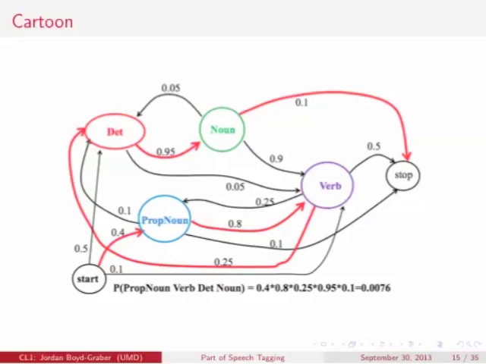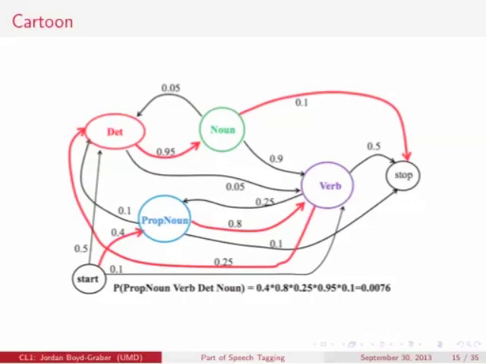If we land in the verb state, we have a 0.5 probability of transitioning to the stop state. If we are in the verb state, we also have a 0.25 probability of going back to the proper noun state. So this tells us what part of speech sequence generates our sentence.